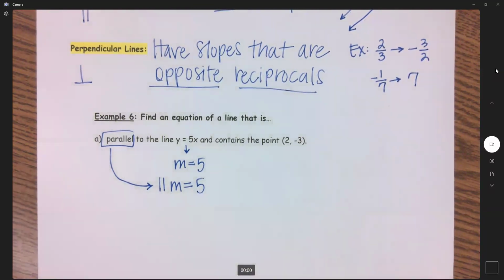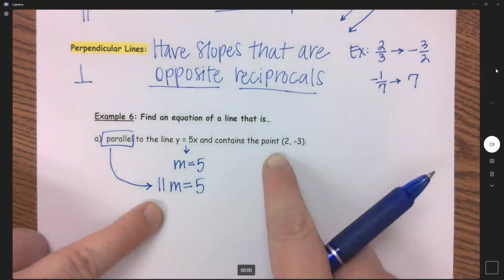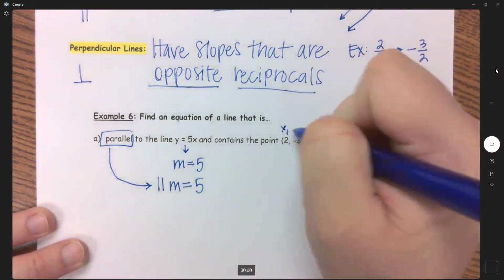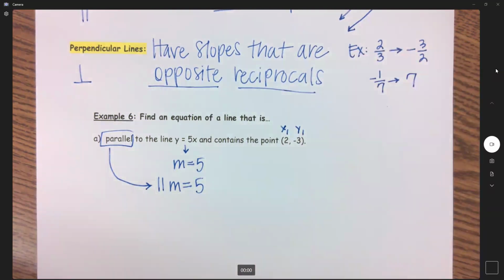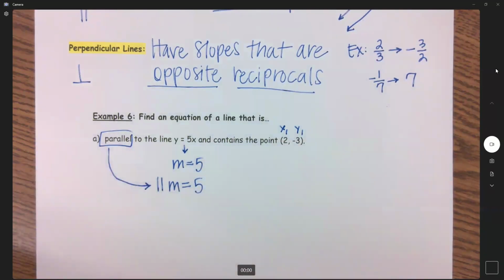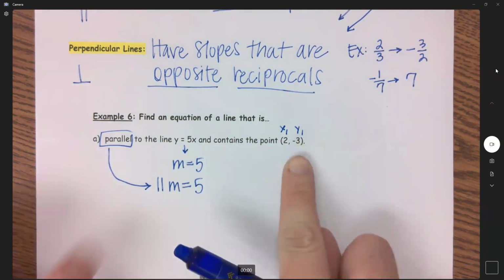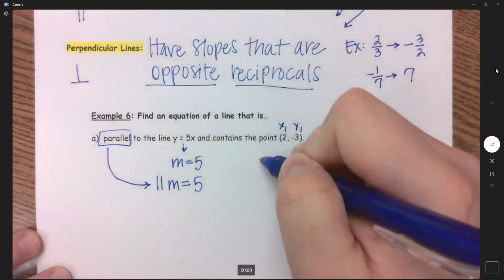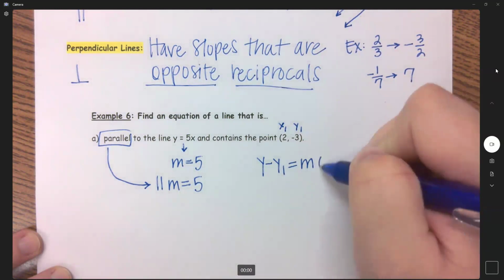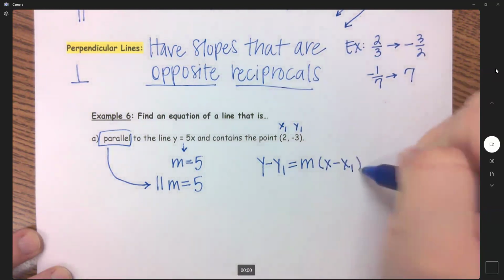So I now have my slope, and I have my point. This is my x1, y1. What equation am I going to use here if I now know my slope and I have one point? Hopefully you said point slope formula, because I have one point and I have a slope. So my point slope is y minus y1 equals m times x minus x1.